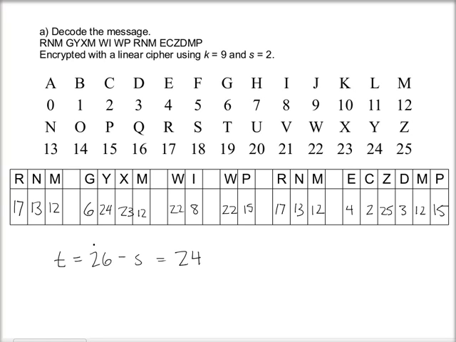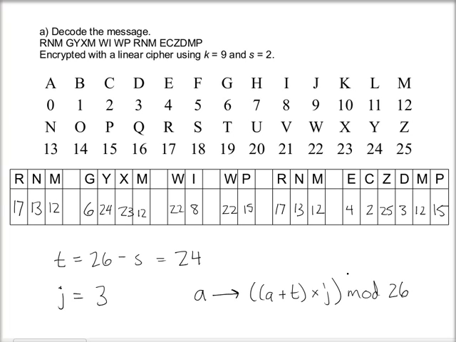Since it was encrypted using k equals 9, to decrypt it, we're going to use j equals 3. And then the rule is going to be that I'll take my position number A, and then that will go to position number (A plus t) times j mod 26.